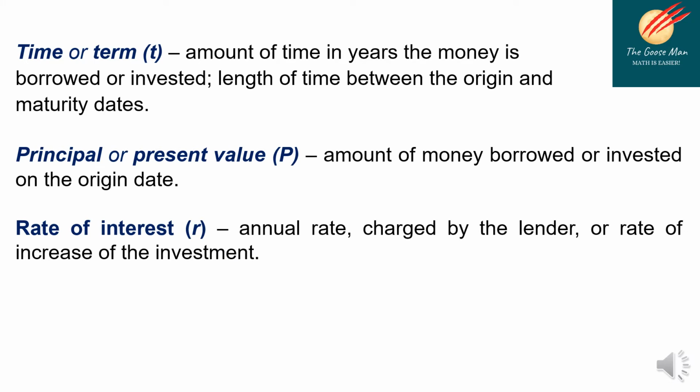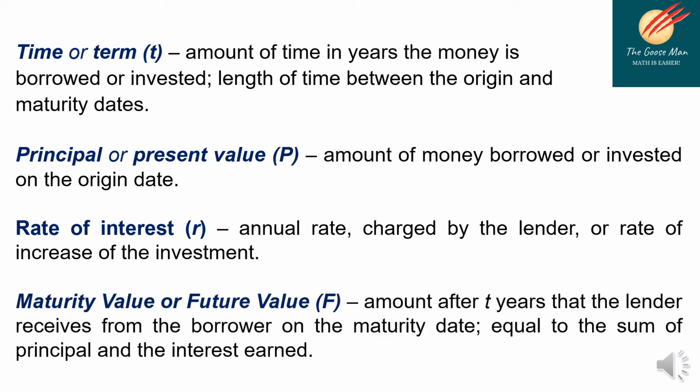The rate of interest is in terms of the annual rate charged by the lender, or the rate of increase of the investment. The maturity value or the future value is the amount after the said years that the lender receives from the borrower on the maturity date. This is equal to the sum of the principal and the interest earned.